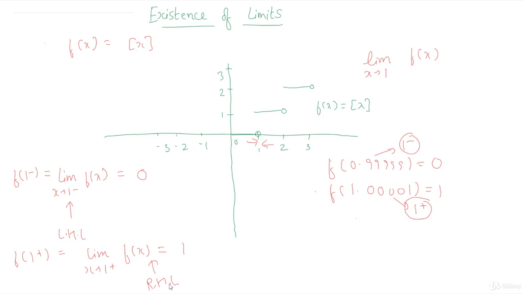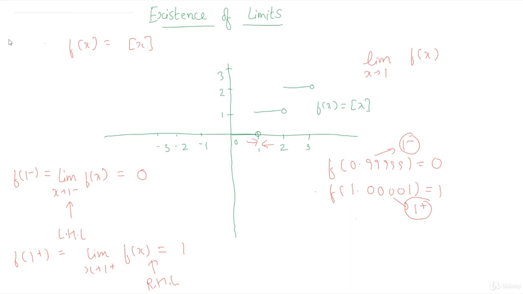Now for this limit as x approaches 1 of f of x, if it exists, then it should be equal to this as well as this. So for the existence of a limit, it should not depend on whether we approach from the left side or from the right side; the result should be the same.